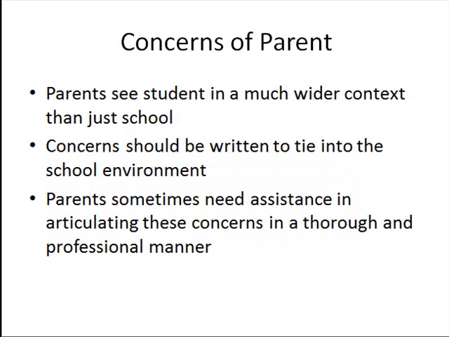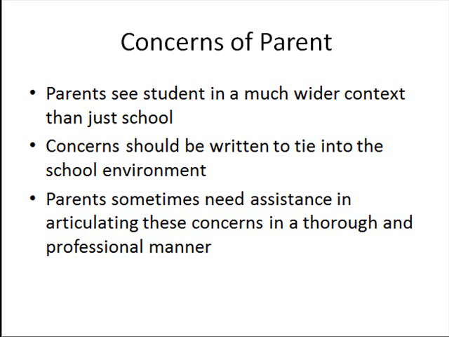Concerns of the parent. One thing that we need to keep in mind in this section is that parents see the student in a much wider context than just school. They have them all day, they have them on the weekend, and they are looking long-term at what the student is going to be beyond graduation. So we need to keep that perspective in mind. The concerns, however, should be written to tie into the school environment as much as possible.